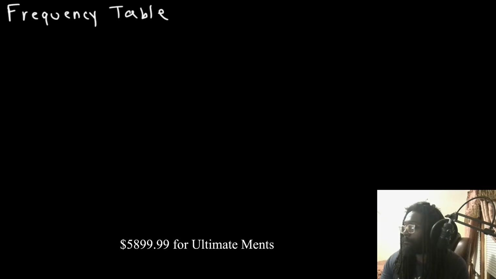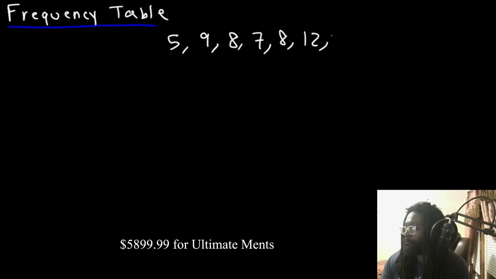Now the next thing we're going to talk about is something called a frequency table. So given a data set, how can we make a frequency table? So let's say we have the numbers 5, 9, 8, 7, 8, 12, 9, 8, 10, 8, 9, 7.